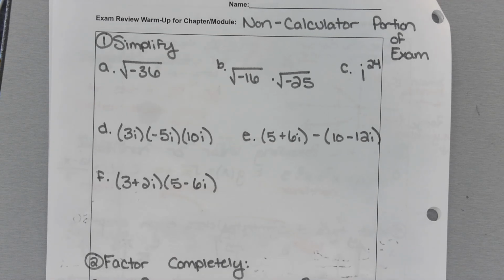If you're nervous in advance and you want to practice them together, we can. What were you going to say? So this is non-calculator, this is Tuesday, this is short answer. It's the only part that's short answer. And like I said, trust me that short answer is typically better in terms of grades because I can give partial credit. So I actually prefer short answer in that way. Okay.